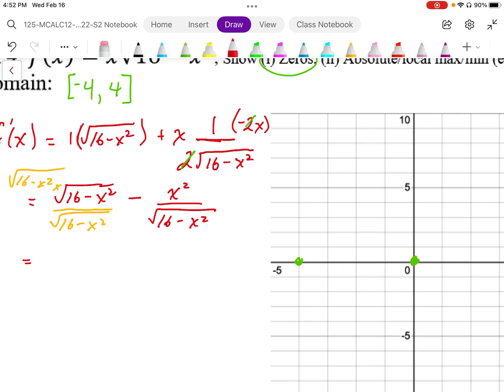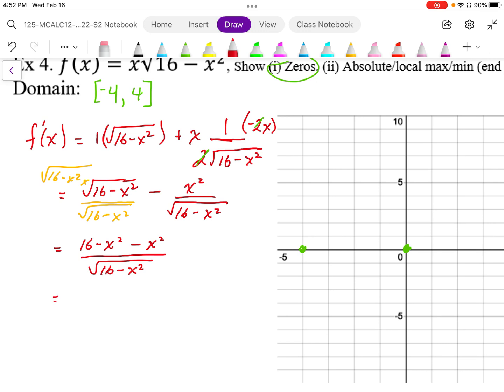So my derivative is going to look like this: 16 minus x squared minus x squared, all over the common denominator of square root of 16 minus x squared. Okay, so I'm going to simplify this. I'm going to end up with 16 minus 2x squared all over square root of 16 minus x squared. And that's going to simplify to 2 times (8 minus x squared).